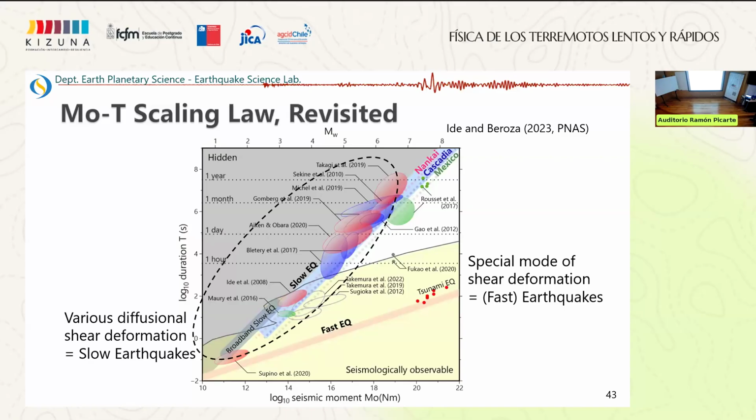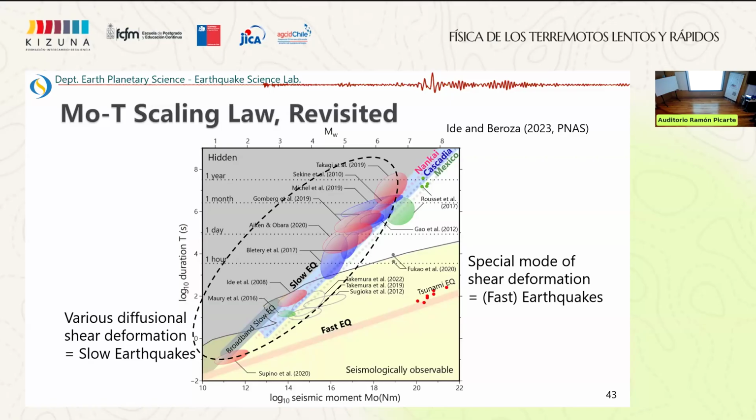On the other hand, fast earthquake is very special. It is controlled by this narrow range of scaling law. So my conclusion is that because we are seismologists, earthquake scientists, we always think earthquake is normal. But as deformation inside the earth, earthquake is very abnormal, very rare, a very strange phenomenon controlled by an unusual physical process, that is wave propagation.